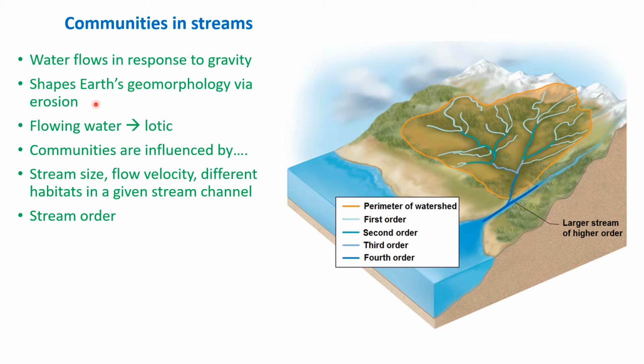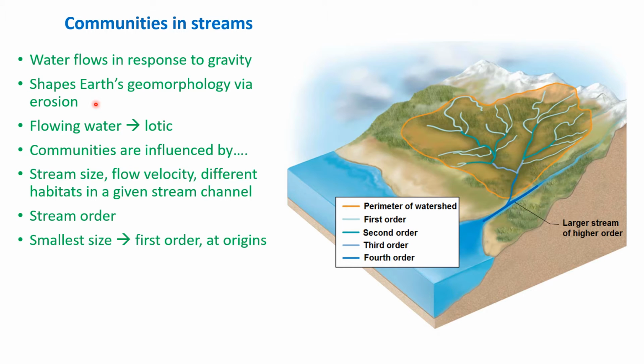A concept of stream order, which we will actually talk about later on. Stream order actually refers to a variation of the stream size, in fact, as a river flows from the mountains or from the headwaters towards the ocean. So the streams with the smallest size are considered the first order streams.